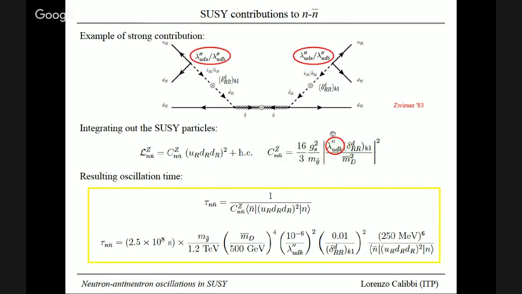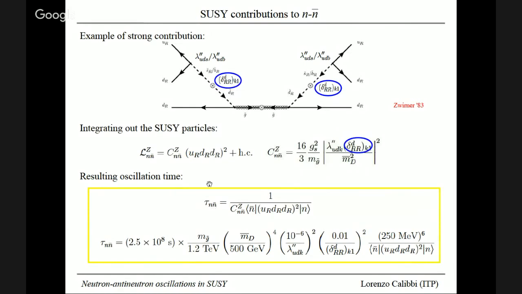Again, we can see the baryon number violating coupling, the parameter that parameterizes the squark flavor violation, the suppression given by the supersymmetric masses, gluino and squark masses, and the SU3 interaction.